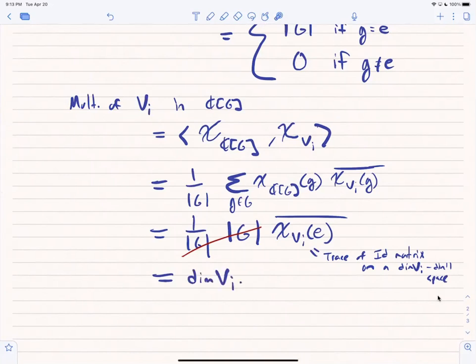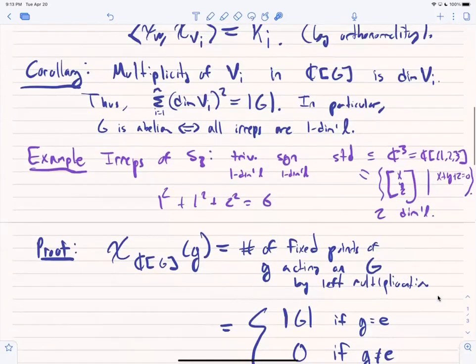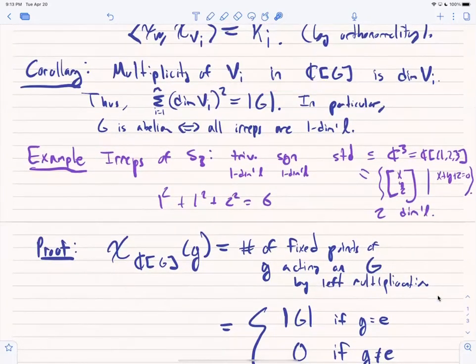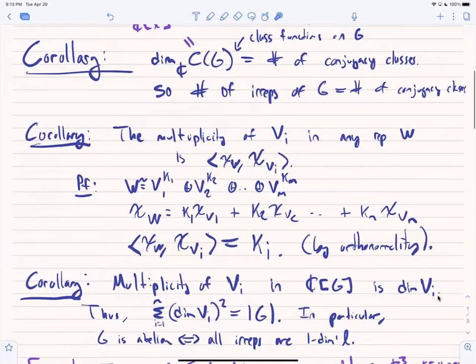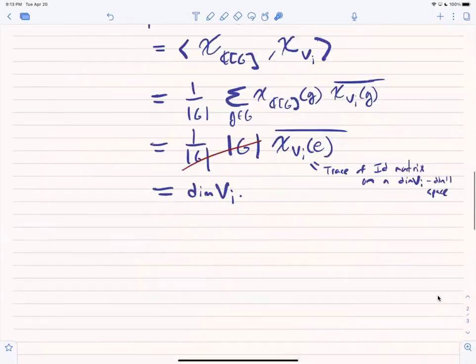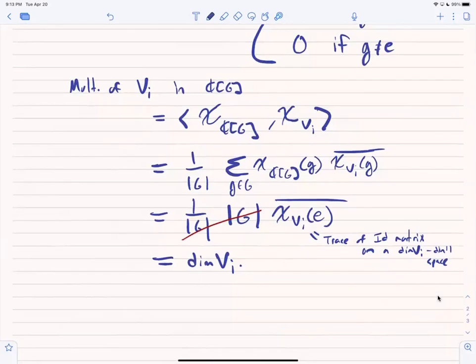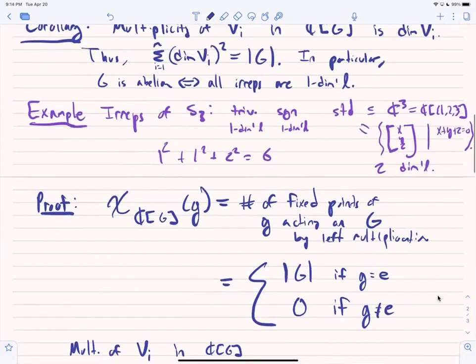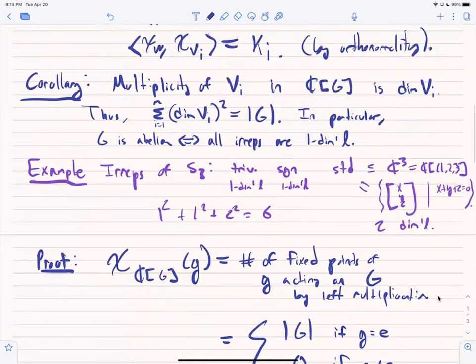What we were computing was this inner product, and by the corollary above, the multiplicity of VI in any representation W is given by this inner product. So that establishes the first part of what I said: the multiplicity of VI in the regular representation is the dimension of VI.